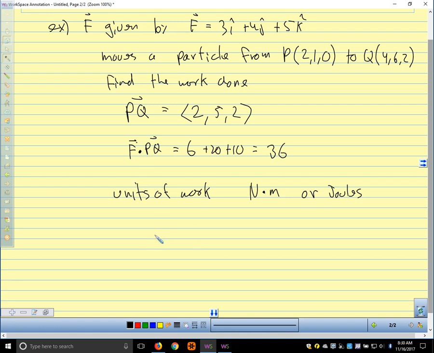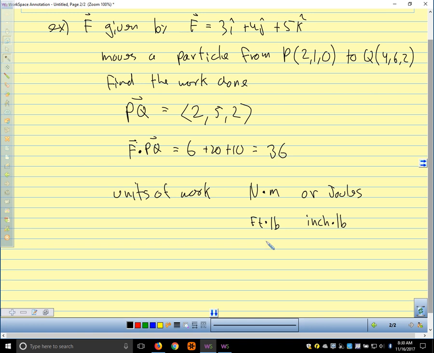Right. In imperial units, we can do foot-pounds or inch-pounds. So those are our units of work in imperial units. Sometimes you'll have Newton centimeters for smaller increments of work.